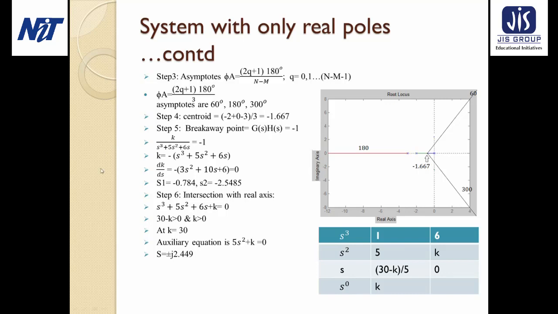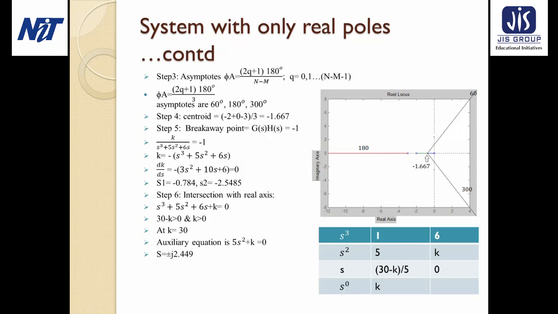That means among these 2 breakaway points, the second one, minus 2.5485, is not on the locus. So, we will consider the first breakaway point as the actual breakaway point.